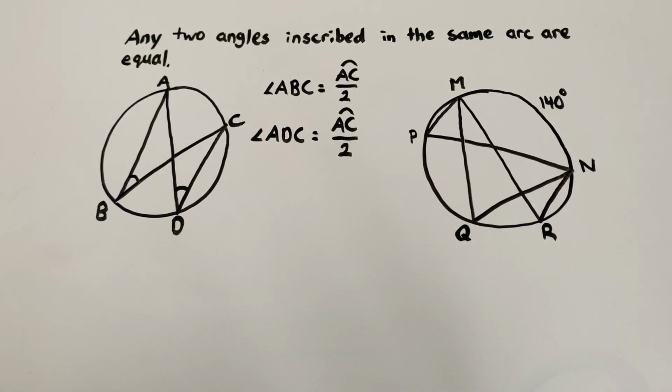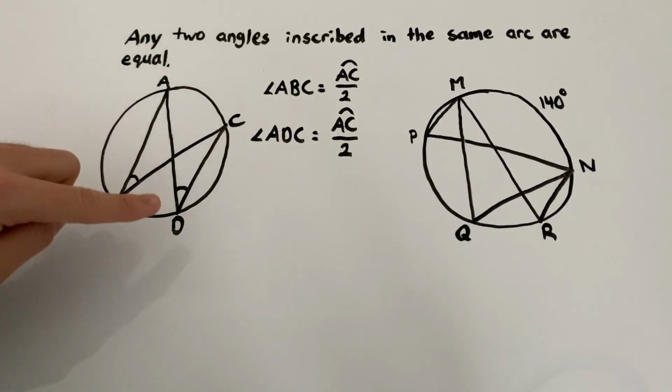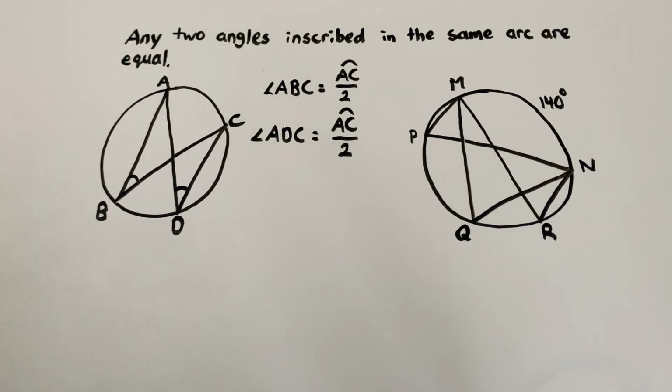But that's not the only inscribed angle in arc AC. We also see angle ADC is inscribed in arc AC as well. So it's also equal to arc AC divided by 2.